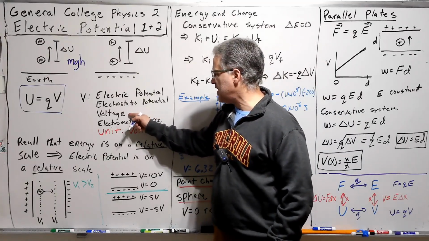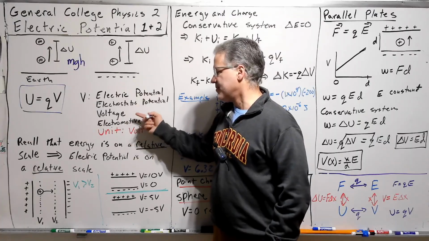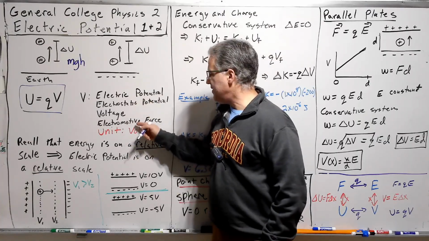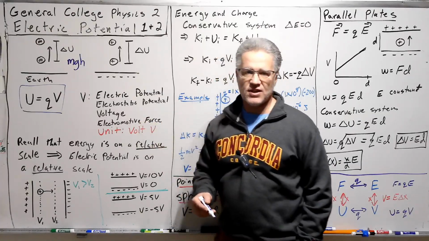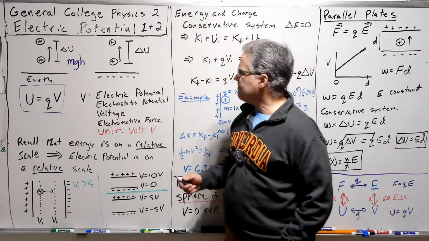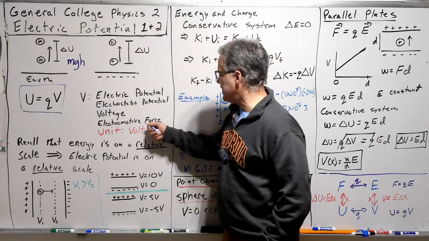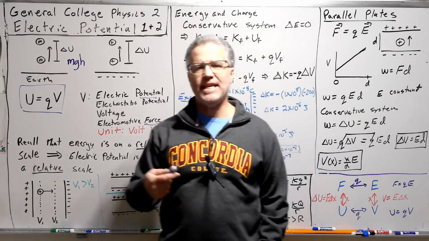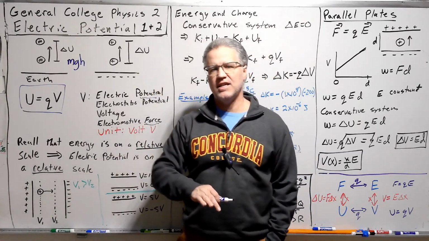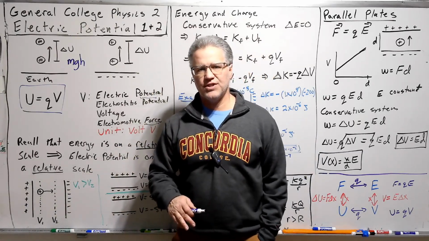We're going to use this a lot. We're going to use all these names, I guess, but we use this a lot. And then later, when we get to electric circuits, it's very often called electromotive force. And we can see the word force. Notice how potential is here, force is here. It's hinting at these relations, but they're not exactly potential energies or forces.